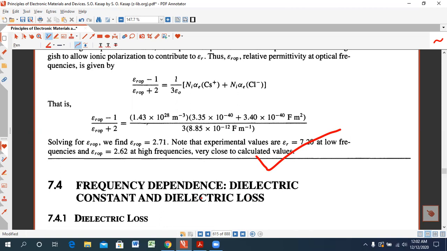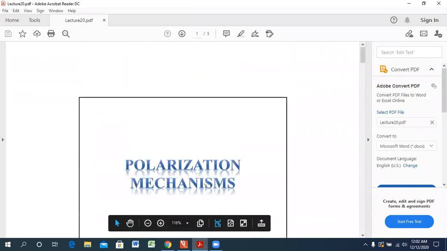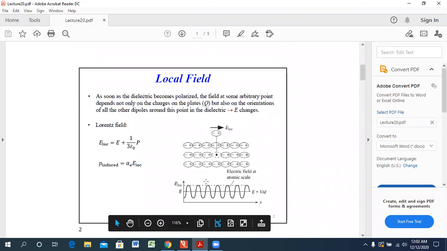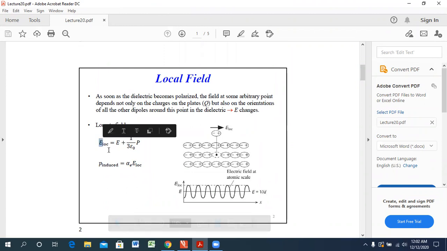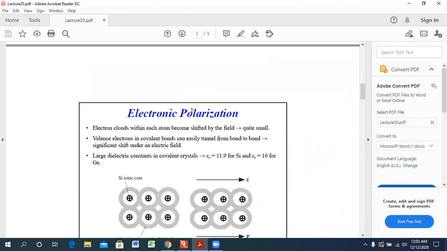Now, up to this point is from the book. Now I will also show you something from the board professor's lectures. First of all, that is the localized field. We have learned that E localized equals E plus one third epsilon naught P. This is the summarized part from the book.